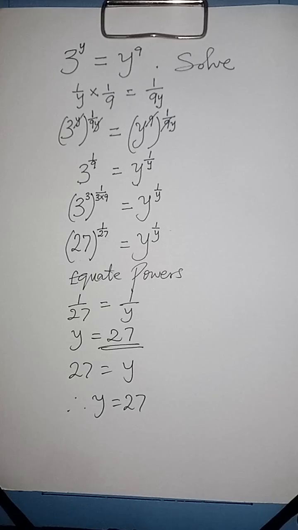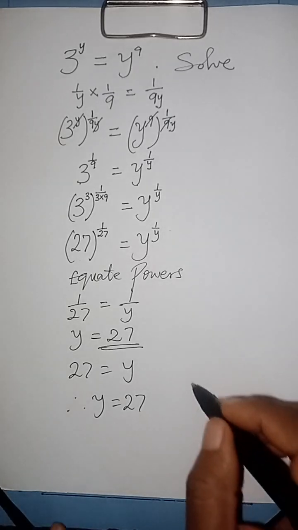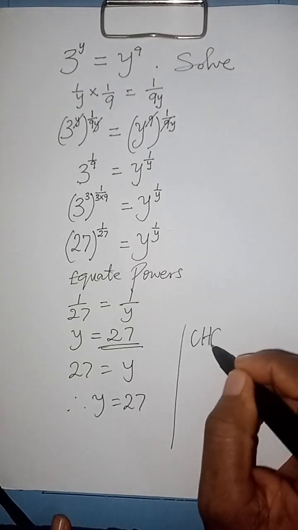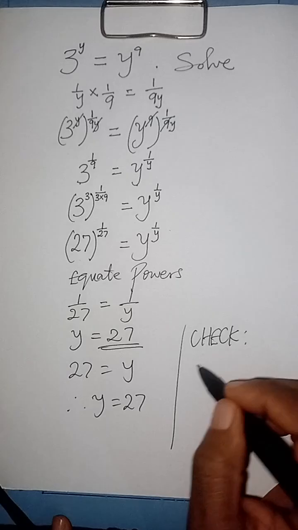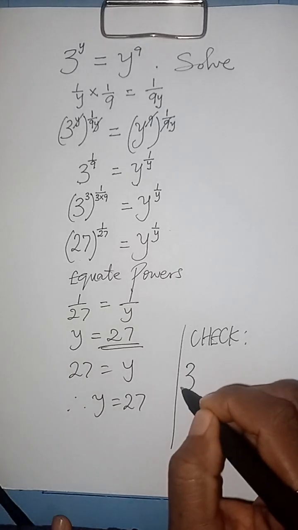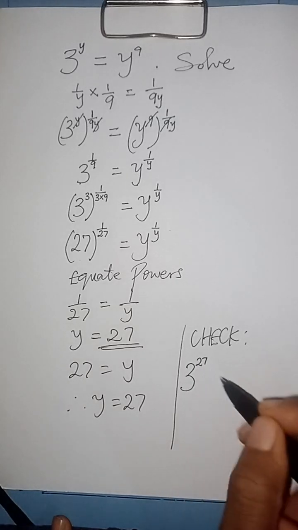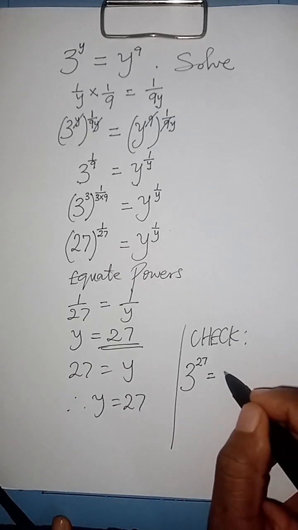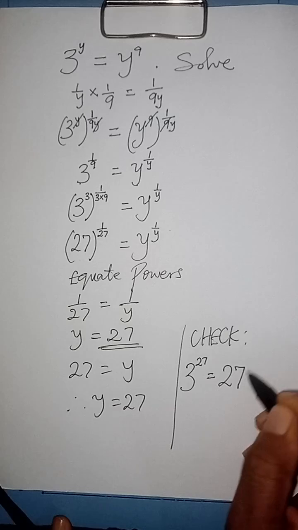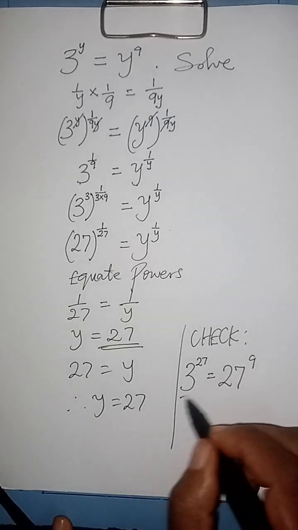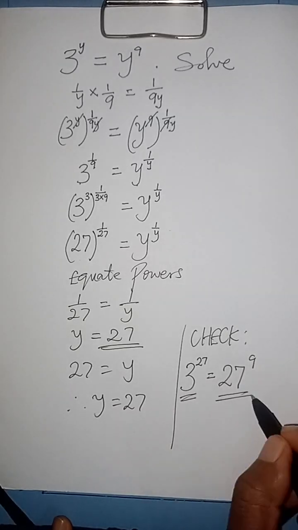Now, if you check the solution to this question, you will get what you're looking for. Let's check. Use your calculator. 3 raised to power 27 is the same value as 27 raised to power 9. Whatever you get here will also be the same here.